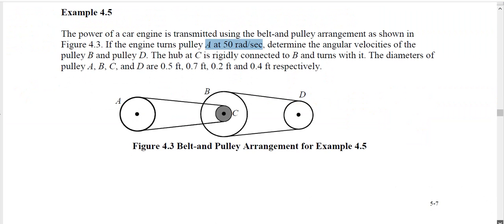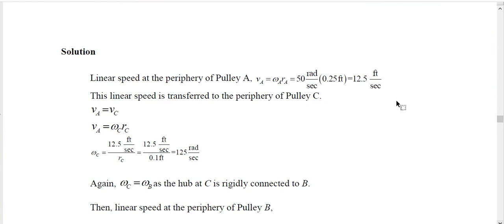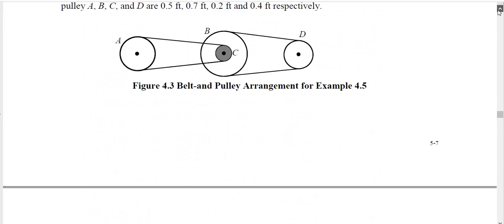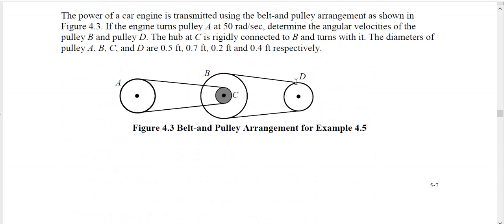Then here I will show you how I solved it. First VA we found, that means velocity at A. Then the theory is VA equals VC. Then from the calculation I found omega C. Now omega C and omega B will be equal because they are connected. Now VB and VD are equal, because whatever the movement here, that will be the movement here.